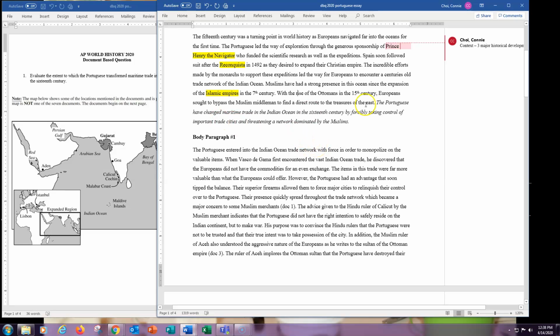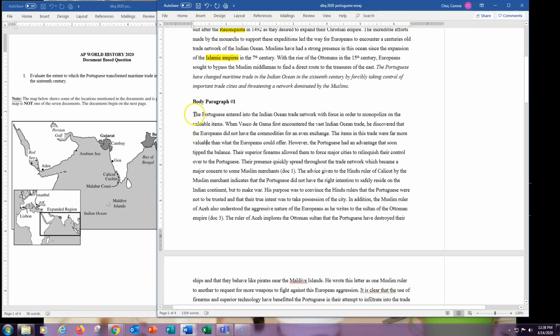And that first claim is forcibly taking control by the Portuguese. So here the Portuguese entered into the Indian Ocean Trade Network with force in order to monopolize all the valuable items. I basically restated in my topic sentence my first claim. When Vasco da Gama first entered the Indian Ocean trade, he discovered that the Europeans did not have the commodities for an even exchange.